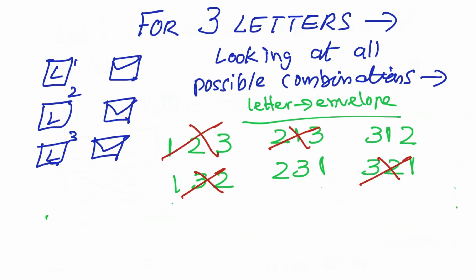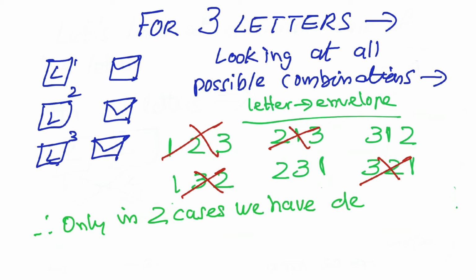But in the cases of 2, 3, 1 and 3, 1, 2, we can easily see that none of the letters would be ending up in the correct envelope. So only in 2 cases we have derangement. Naturally, D3 is equal to 2.